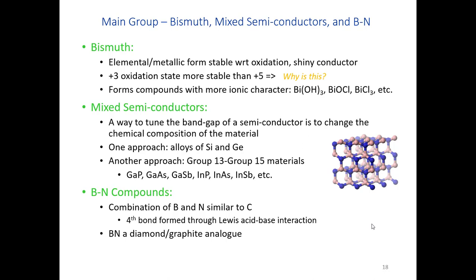Shown here is just the diamond analog, but 2D aromatic sheets can also form. Boron and nitrogen analogs of carbon compounds are also known, such as borazine shown right here. The system is aromatic with empty p orbitals on the boron centers and filled p orbitals on the nitrogens.